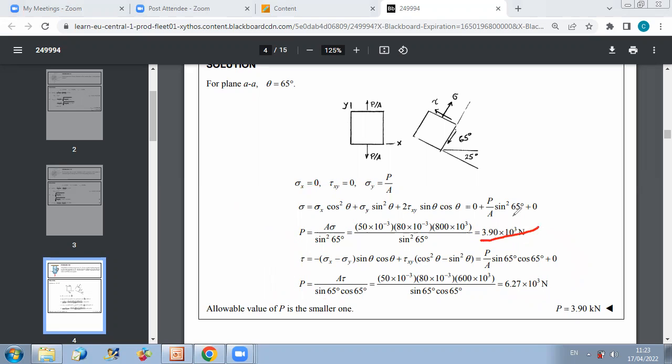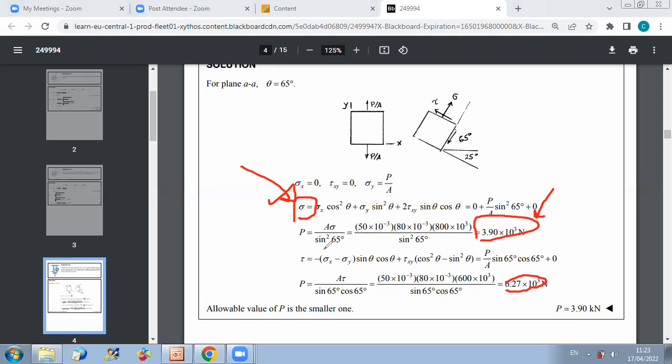So the condition to not exceed the maximum normal stress is more critical than the condition of not exceeding the maximum shear stress. This is why if failure occurs, it will be due to normal stress failure, not shear failure. So here I should not exceed 3.9, because if I exceed 3.9 kilonewton, I will have a rupture by tensile forces.